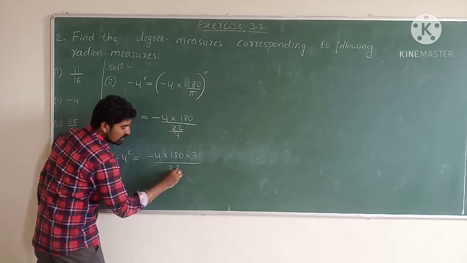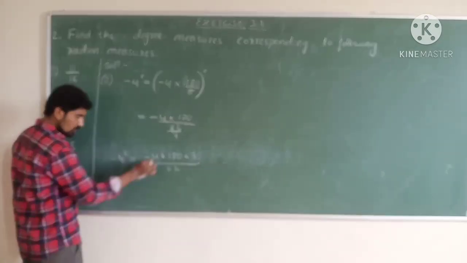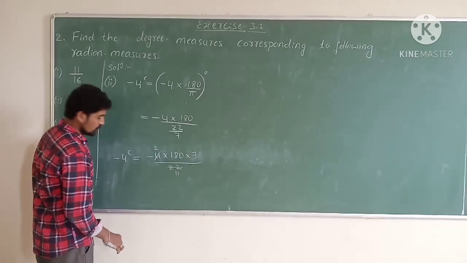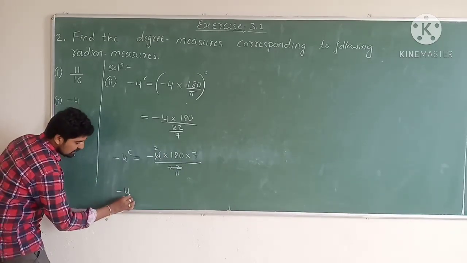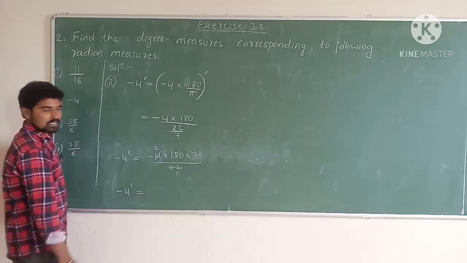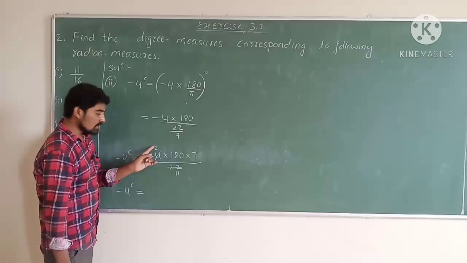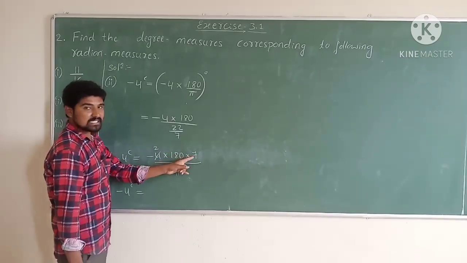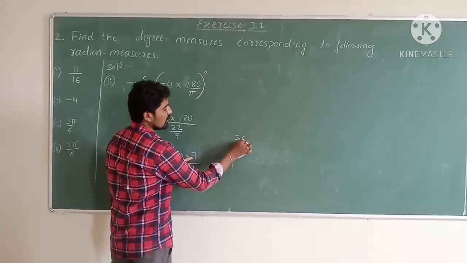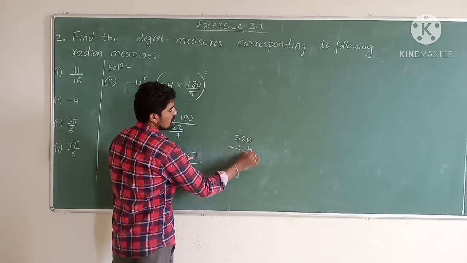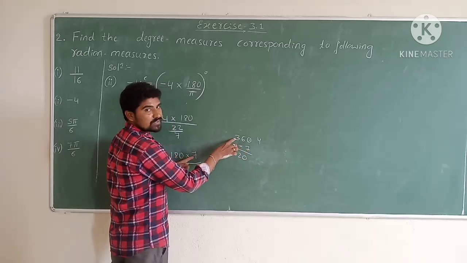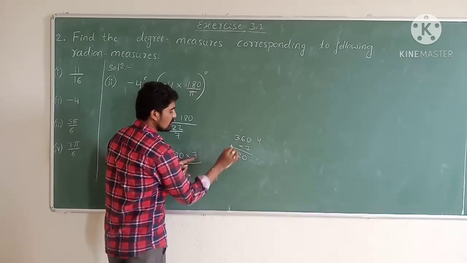Now minus 4 radian is equal to minus 4 into 180 into 7 divided by 22. Now 2 2s are 4, 2 11s are 22. Therefore minus 4 radian is equal to 180 into 2, 360. So 360 into 7: 7 6s are 42, 7 3s are 21, 21 plus 4 is 25.